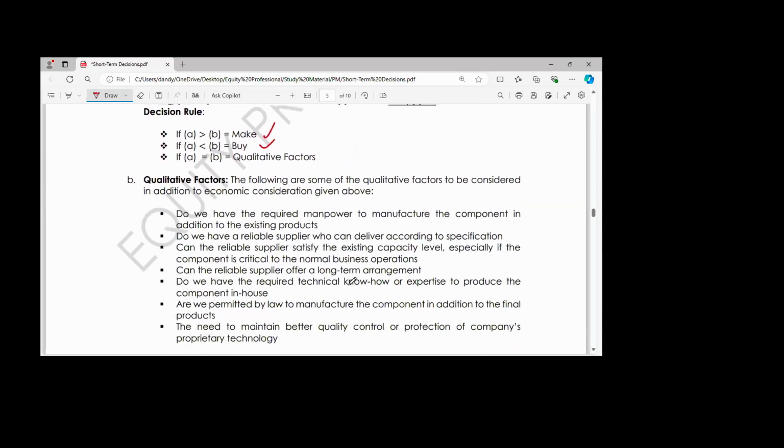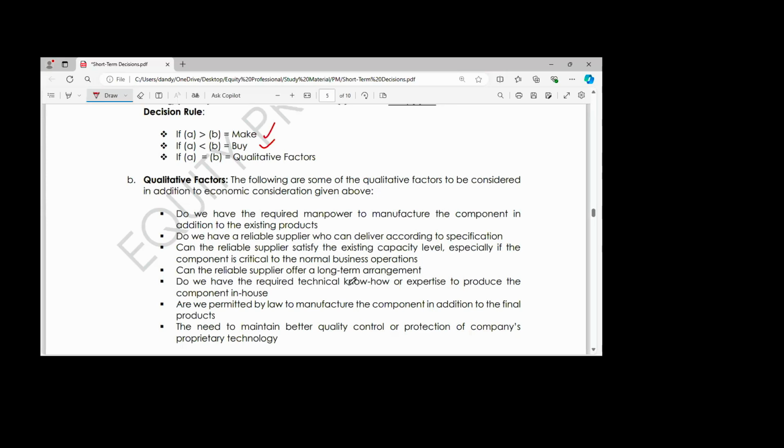What are the factors you need to consider if the company wants to outsource it? One other factor is that the company will need to ascertain if there is a reliable supplier.